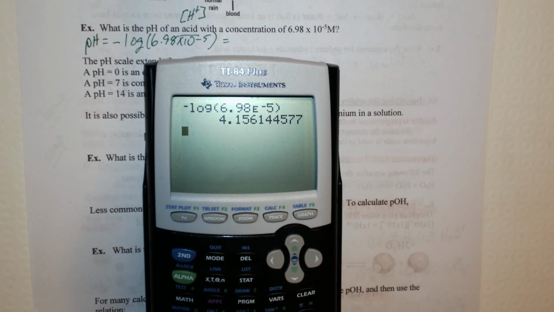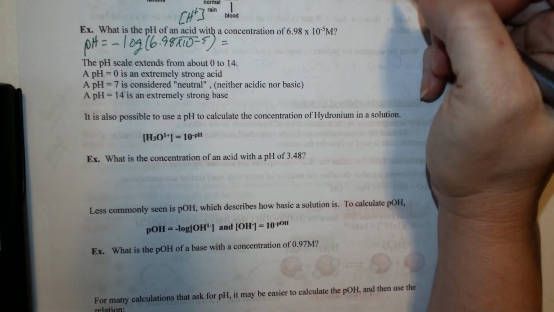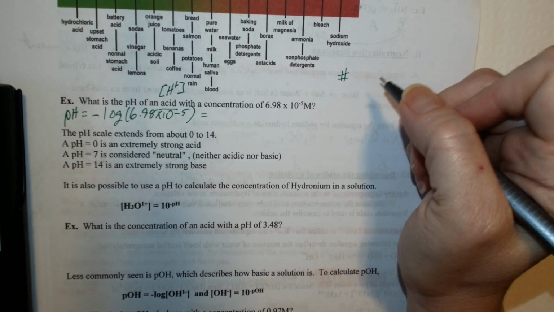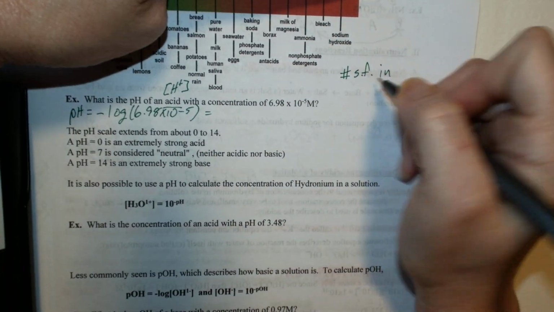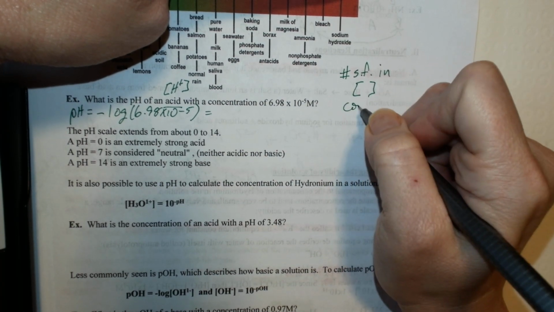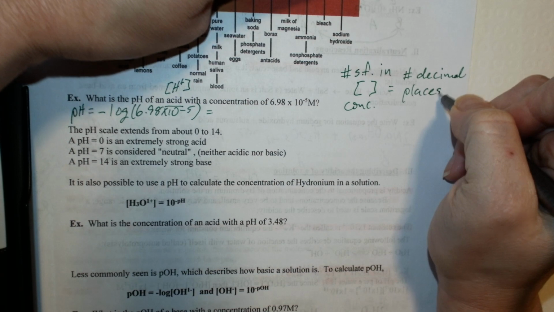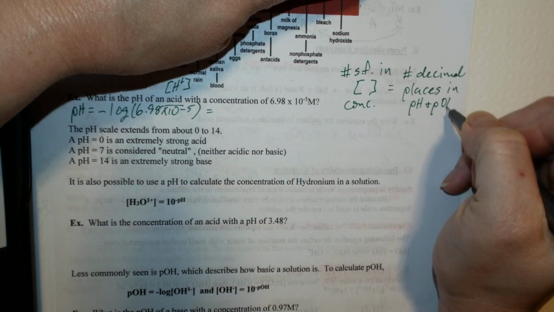Now, sig figs. I'm going to put this off to the side. The number of sig figs in the concentration is equal to the number of decimal places in pH and pOH.